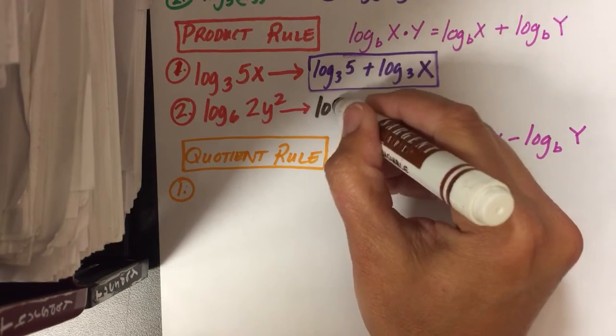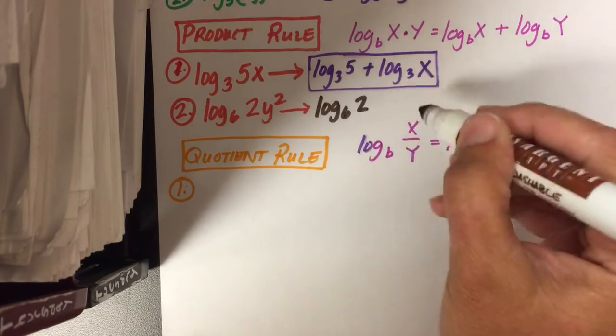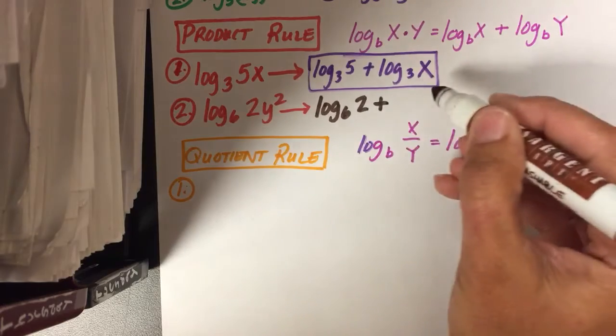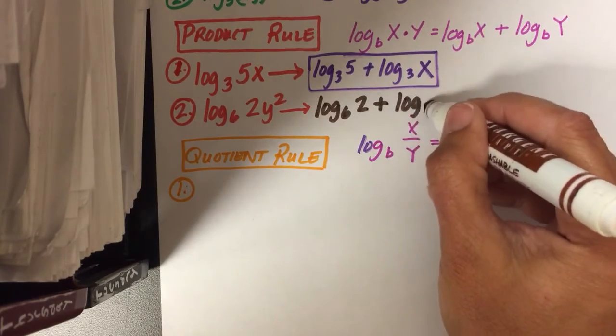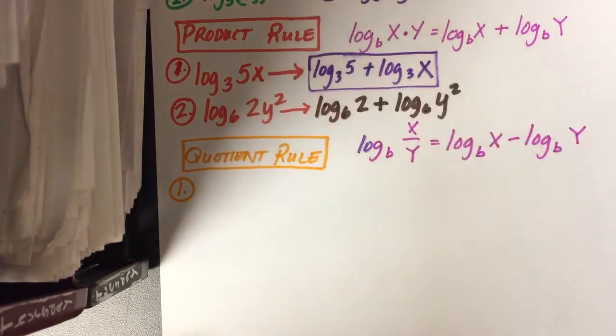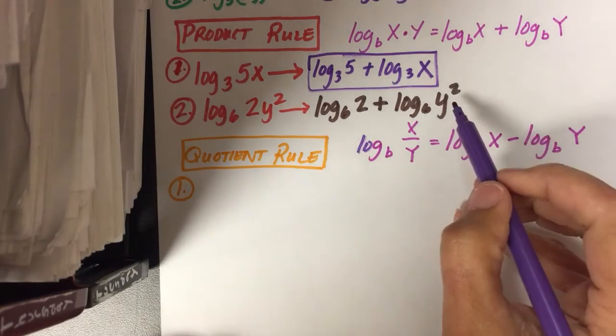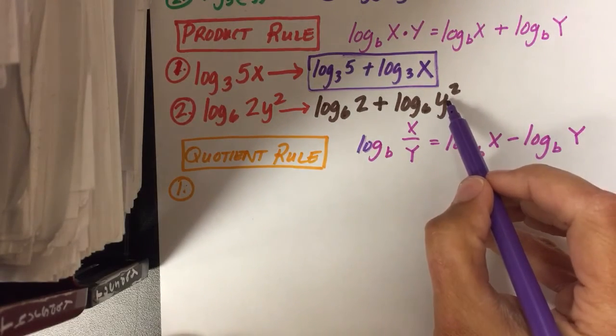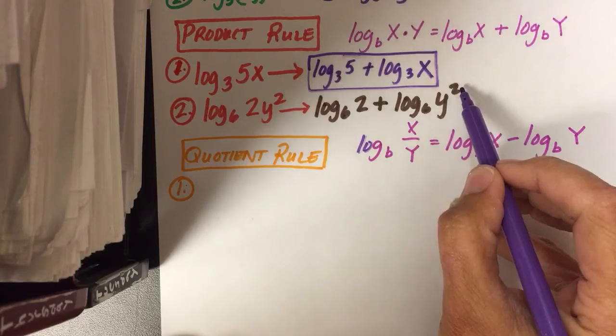So I can write this as log base 6 of 2 plus, because it's a product, log base 6 of y squared. Now, because I have the power rule and I know how to do the power rule, notice I've got a single value here with a single exponent.